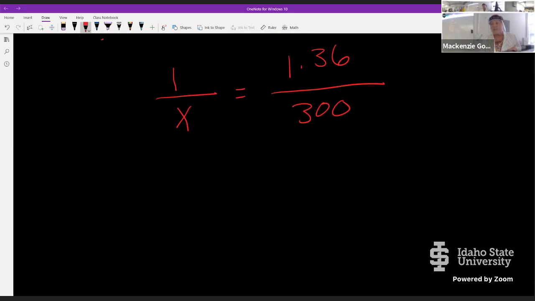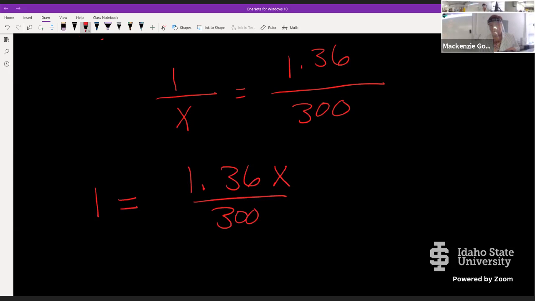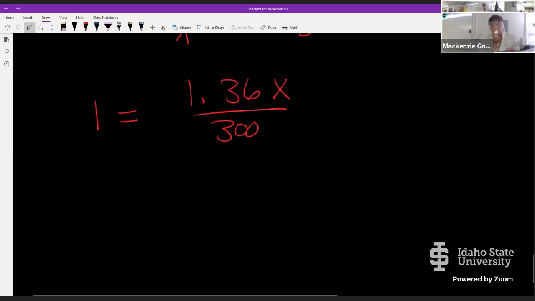We don't want that x on the denominator, so the first thing we do is get it out from underneath. Multiply. Now, I don't want any fractions, so how do I get rid of that 300? You multiply.